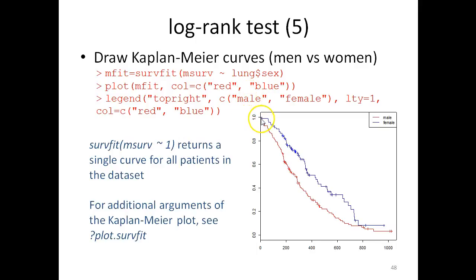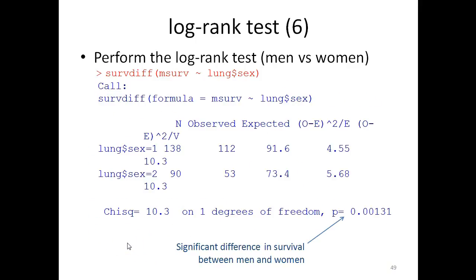If you would like to make a single plot for all patients, then you would provide msurv tilde 1 as argument for the survfit command, and then you would only get a single curve. If you want additional arguments, there are a lot of them. You can look at the help text for plot.survfit. To perform the actual log-rank test, you use the survdiff command.